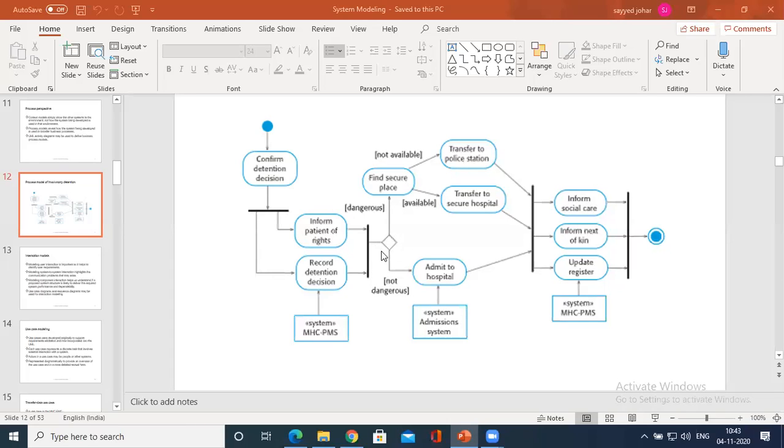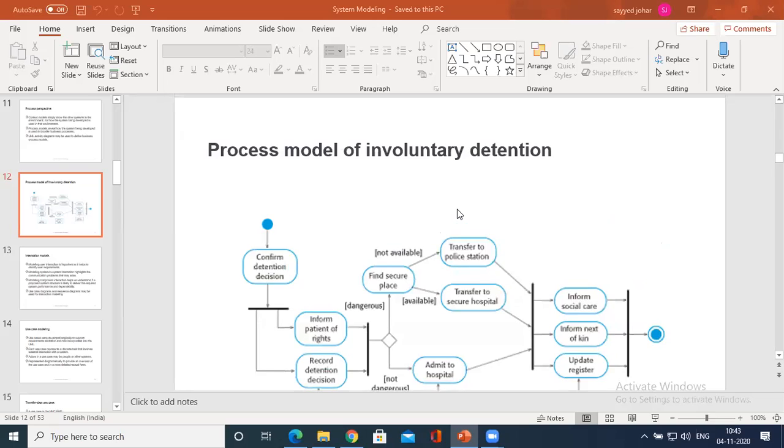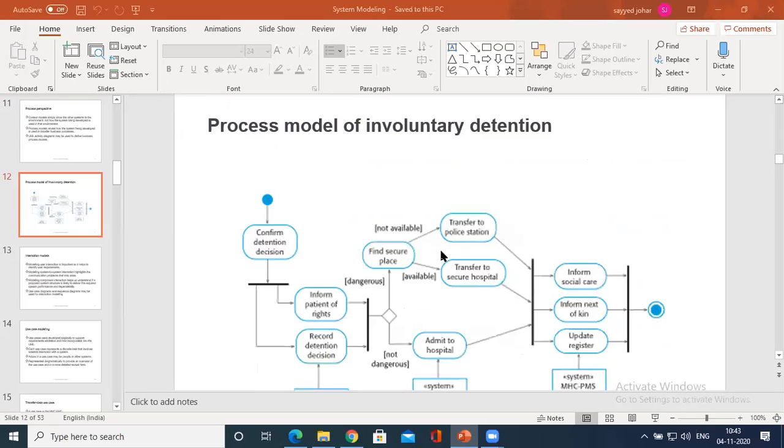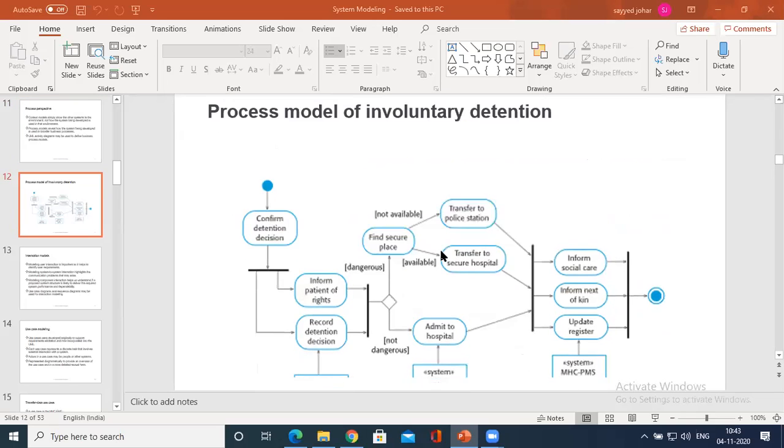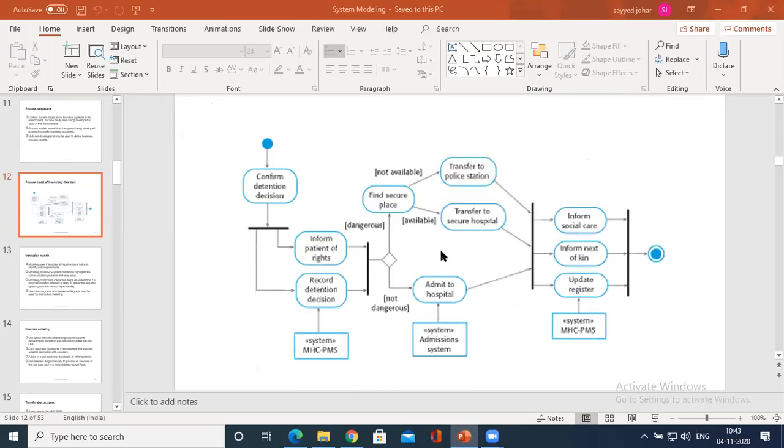Branching of it is called an activity model to find a secure place. Again, transfer to the police station, transfer to the secure hospital. This is one part of the system that could be analyzed using a process model of involuntary detention. As of now, you just focus on the diagram, not on the content of it.